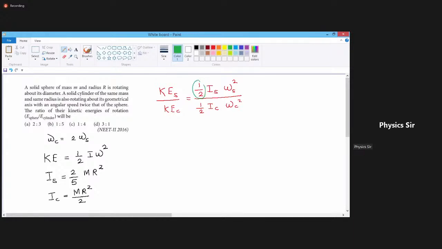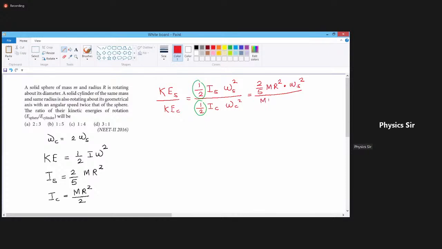So this 1/2 gets cancelled. The moment of inertia of the sphere is 2/5 mr square, and this is the angular velocity of the sphere square.